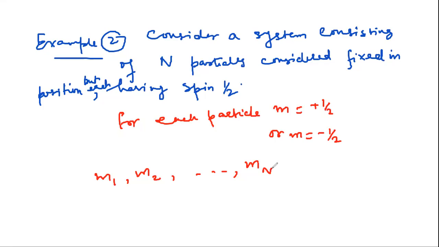Each m can have two values, half or minus half. So to specify the state of the entire system, we have to list or specify all the values of these n quantum numbers, right? This is how we use the idea of specification of a state using the quantum numbers.